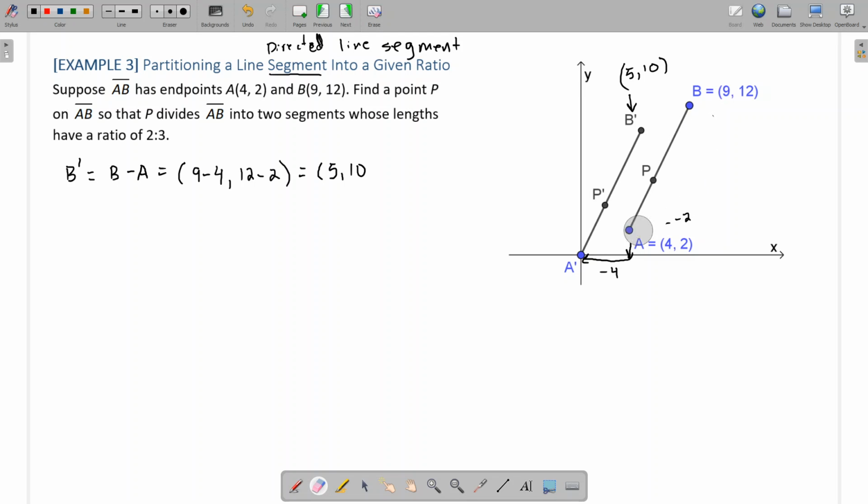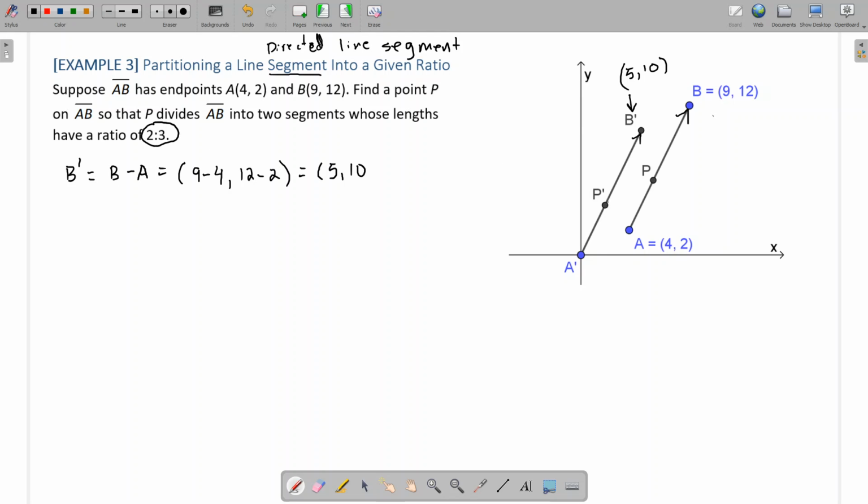Okay, so let's make sure we're clear on what we've done here. All I've done is I've taken the original segment, this directed line segment, and I've transformed it so it's back here at the origin. These have the exact same length, they point in the exact same direction. So what we'll do then is we'll perform the procedure that we did before on this segment. We will find the point, which we're going to call P prime, that divides this into the ratio of 2 to 3.